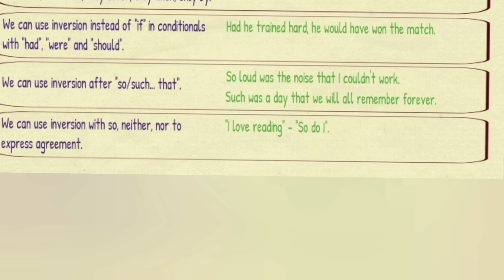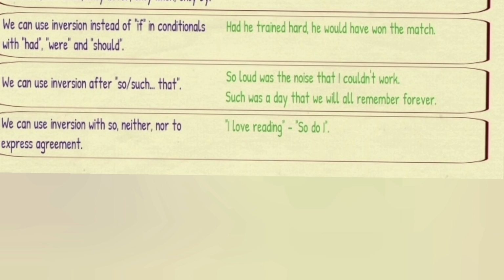We can use inversion instead of if conditional, but we can use it also after so, such, that. Example: so loud was the noise that I couldn't work.